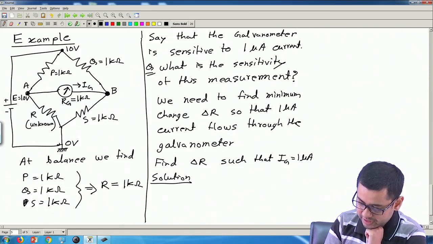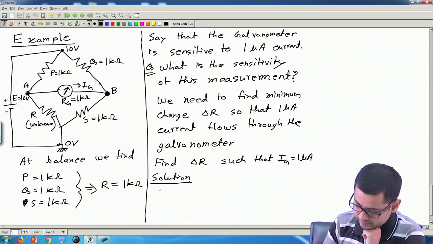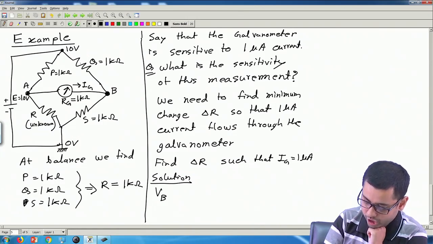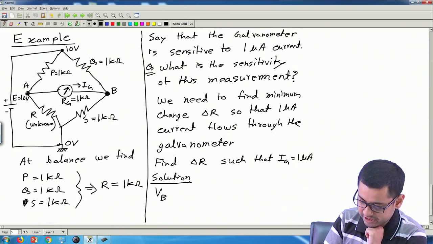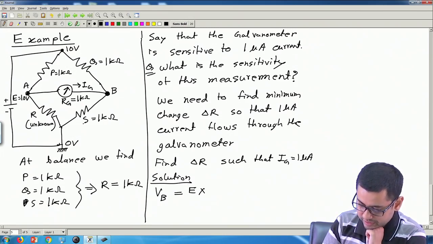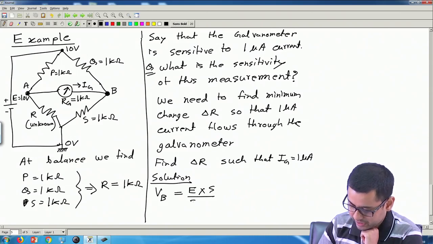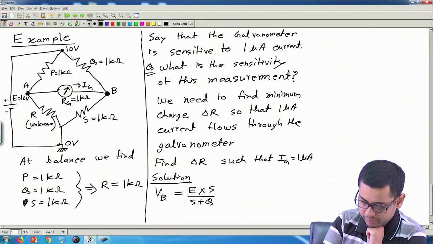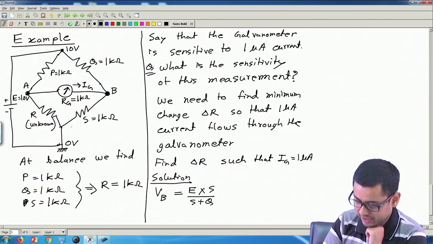Now the potential at B, call that VB, will be half of this 10 volt, because this is 1 K, this is 1 K. So VB will be E multiplied by S divided by S plus Q, by the potential divider rule, which says divide by Q plus S and multiply by S.